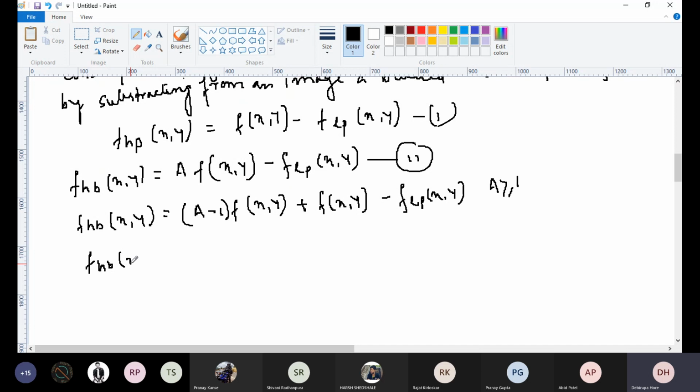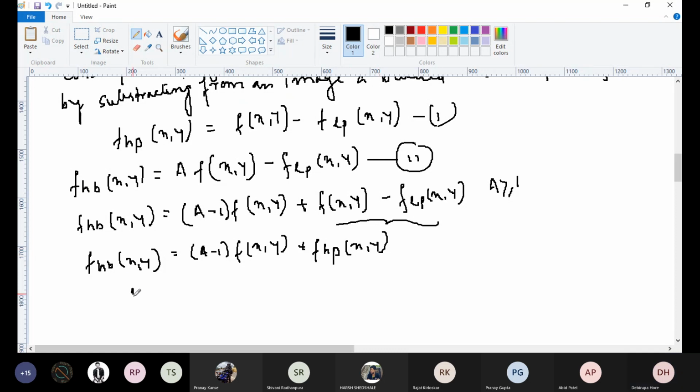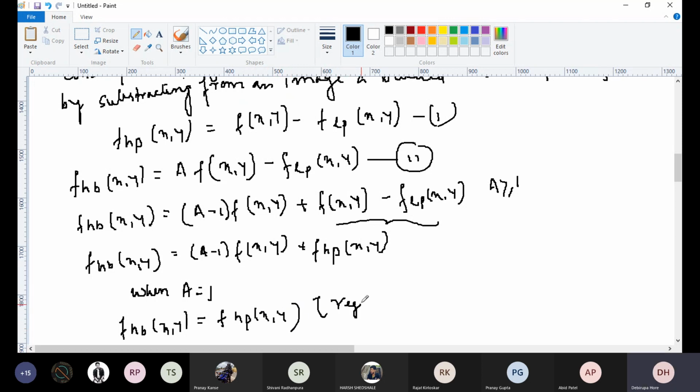Therefore, f of hp xy is equal to a minus 1 f of xy, so this gives you plus f of hp x comma y. Therefore, when a equal to 1, f of high boost filtering is equal to f of high pass filtering. That is a regular high pass filter.